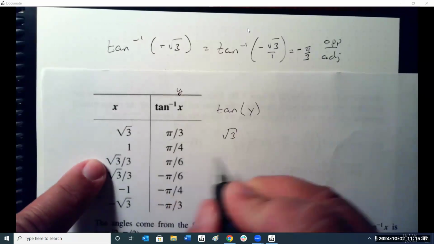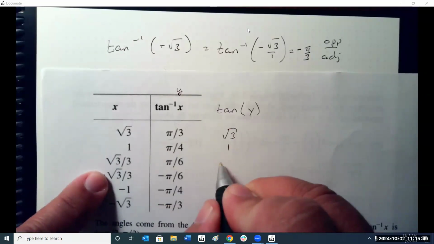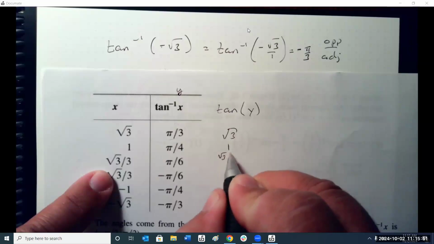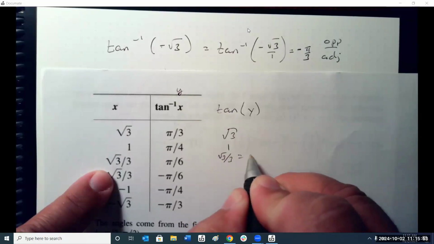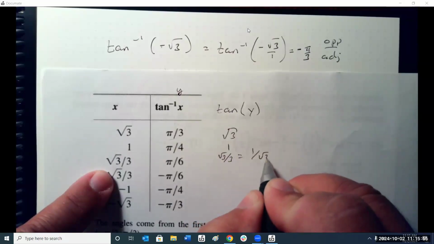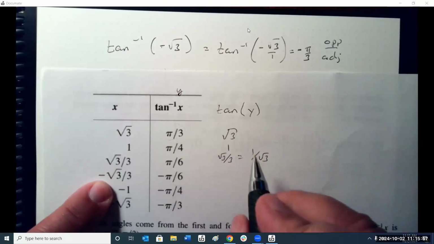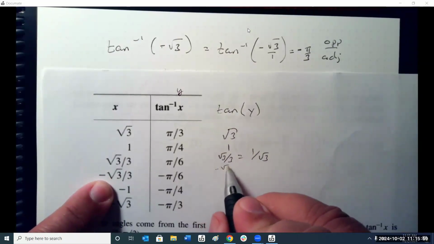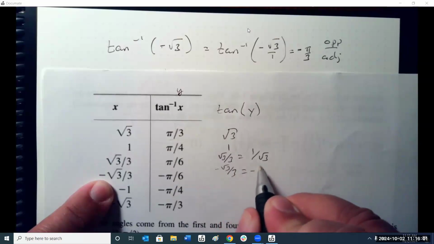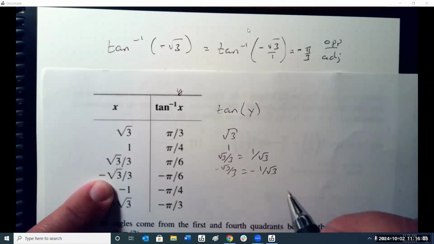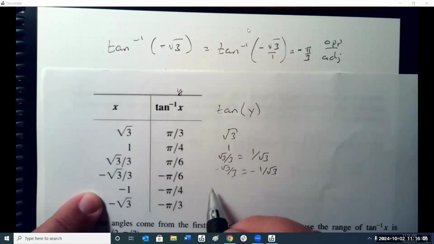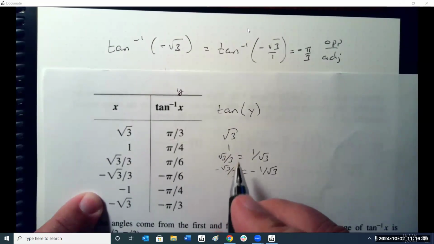Tangent of pi over 4 is 1. Tangent of pi over 6 is radical 3 over 3, or 1 over radical 3. Negative pi over 6 is negative radical 3 over 3, or negative 1 over radical 3. At negative 1, it's negative pi over 4.